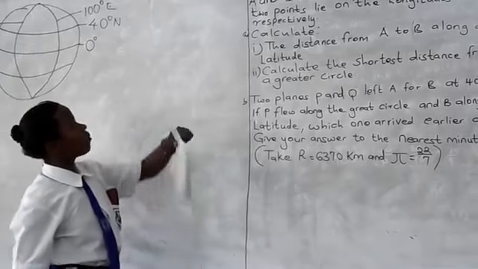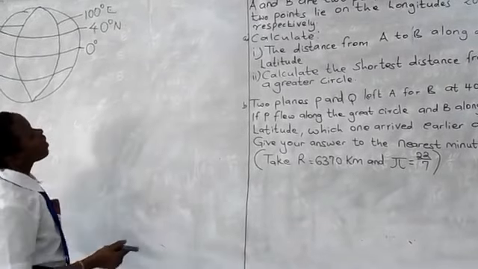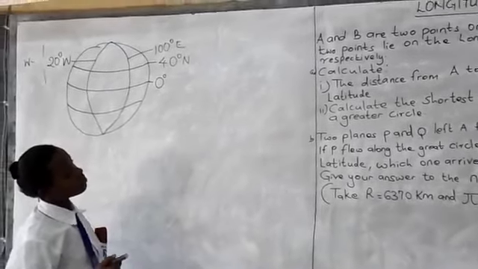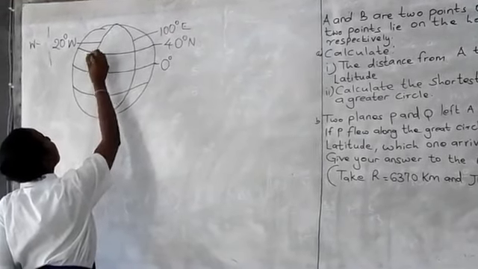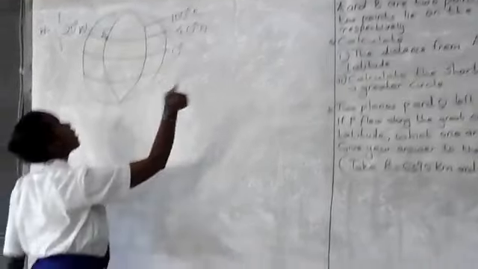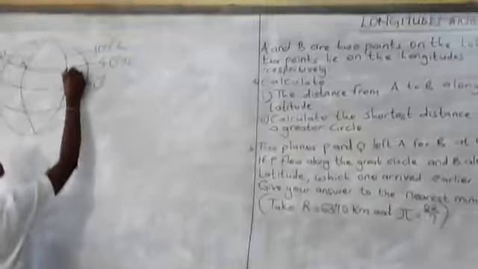Now we put our positions A and B. A will be on this point and B will be on this point.